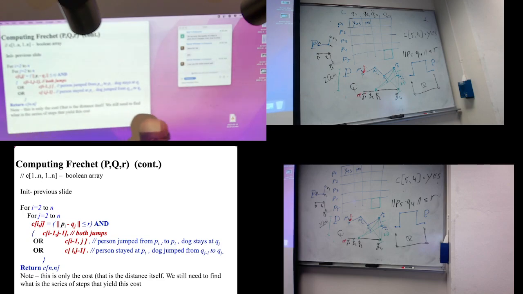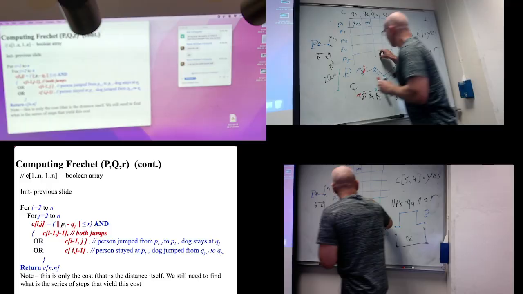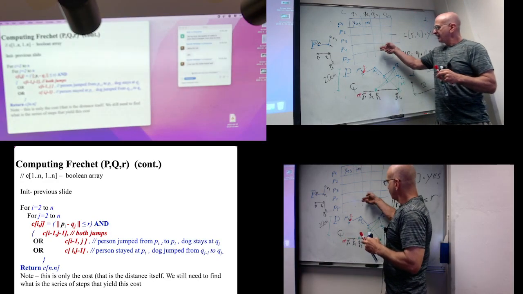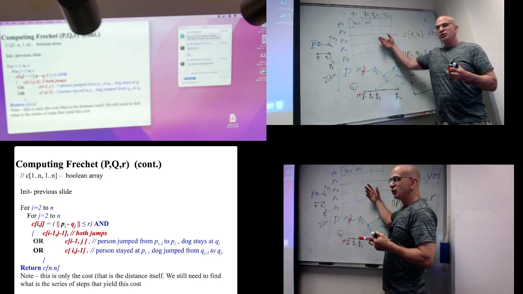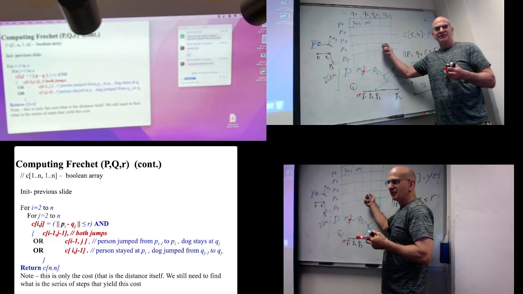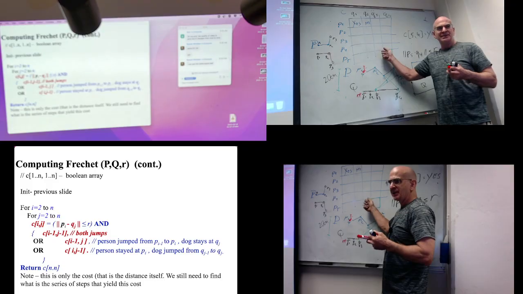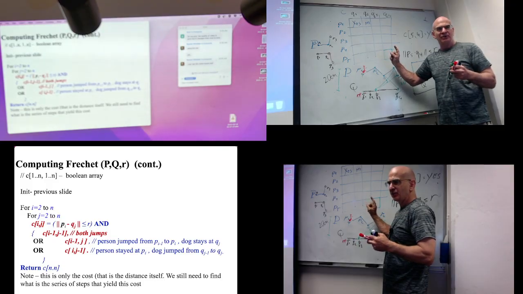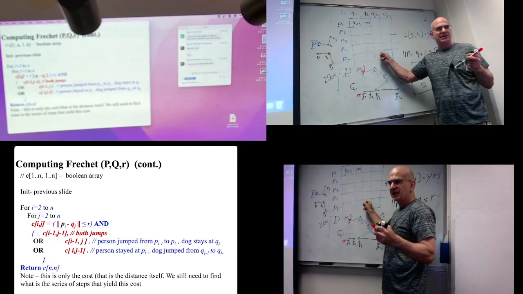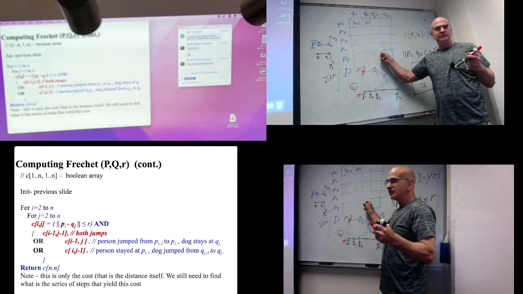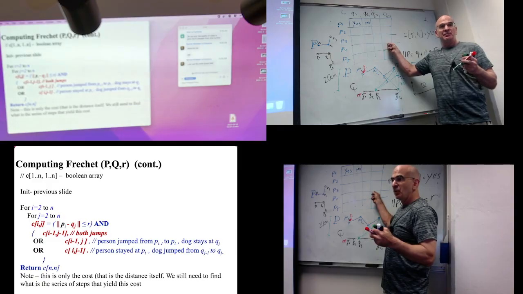When I want to know what is Cij, it's one answer that will not change regardless of how I got to this position. It's just one answer, correct or incorrect, that needs to be computed just once. If you don't understand what I'm speaking about, go back to the first class about the LCS. So I'm using the idea of memoization.